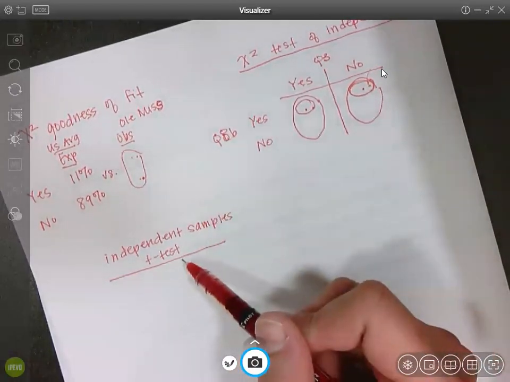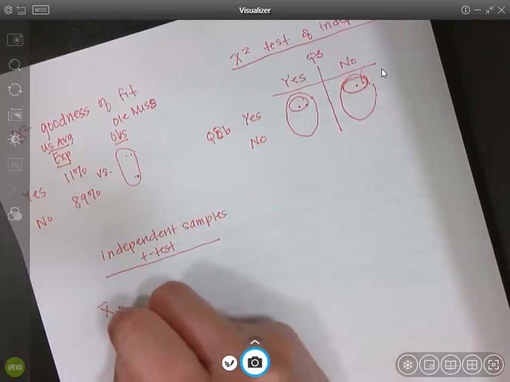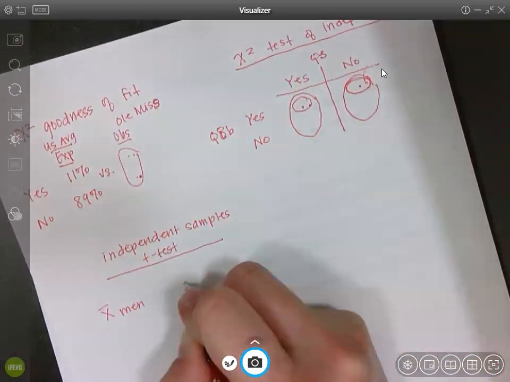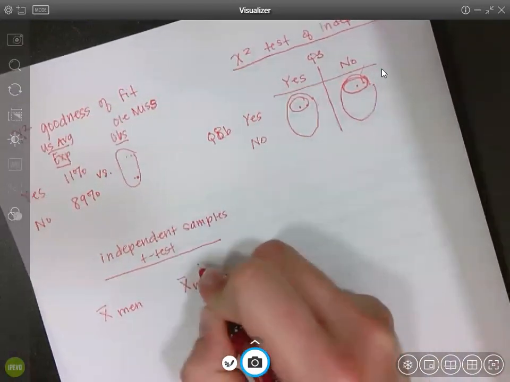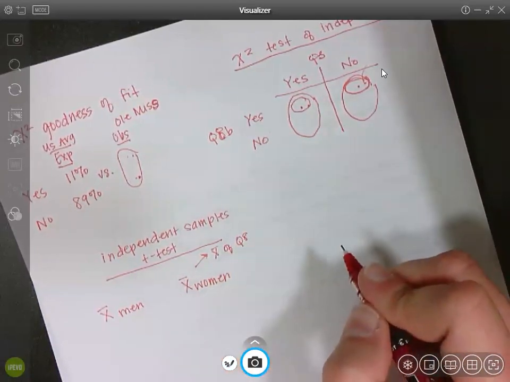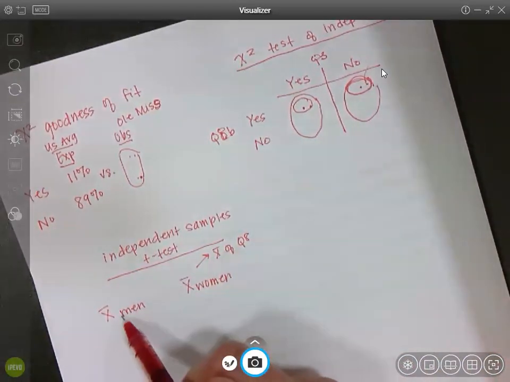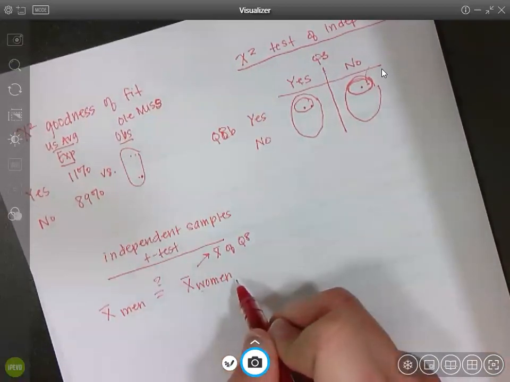Okay, independent samples t-test. We are going to calculate the mean in our sample for the men, and the mean in our sample for the women, the mean of question 8. How frequently are they taking this drug? We're going to ask, is the mean frequency for the men equal to the mean frequency for the women?